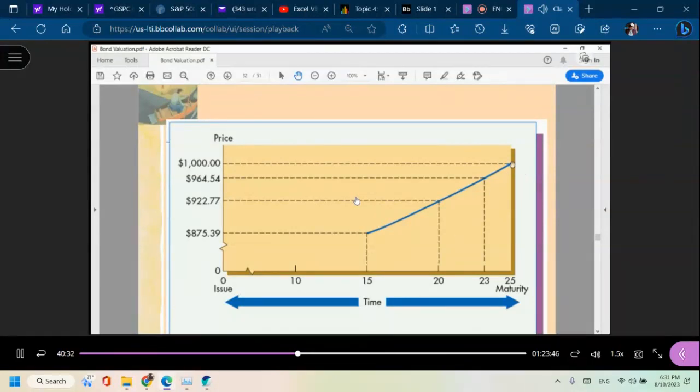What this is showing you is a 25-year bond: of course, if you hold it to maturity, you get 1,000. But if today is year 15, of course, because of the discount, the price is lower.